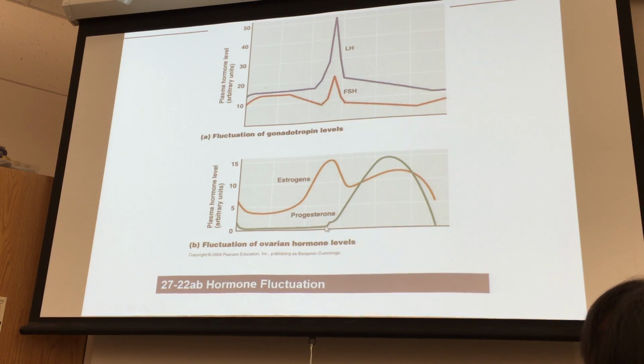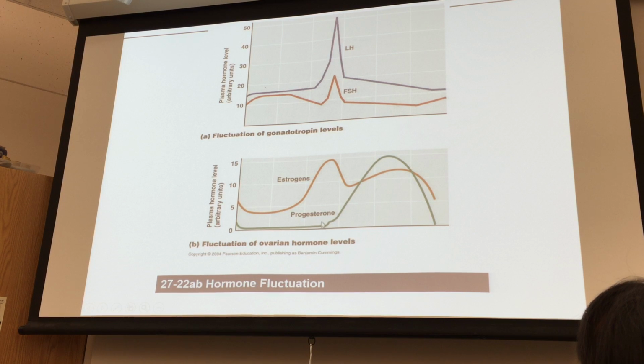That's because the corpus luteum is what makes progesterone, and it is not present yet. But estrogen is early, day 0 to 14, estrogen is very important. LH and FSH surge, LH causes ovulation, then they drop off, and then progesterone takes over to maintain the uterine lining for fertilization.